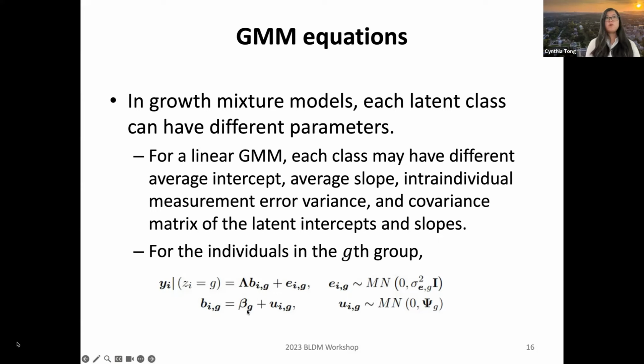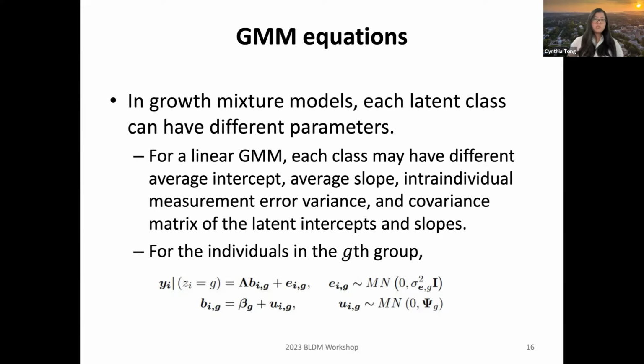Okay. For a linear growth curve model, each class may have a different average intercept, average slope, intra-individual measurement error variance, and covariance matrix of latent intercept and slope. This covariance matrix includes the variance of latent intercepts, the variance of latent slopes, and the covariance between intercept and slope.